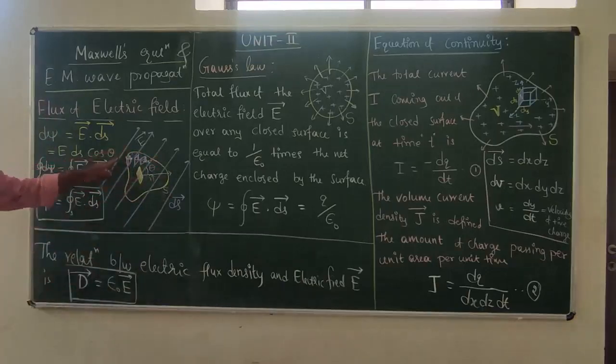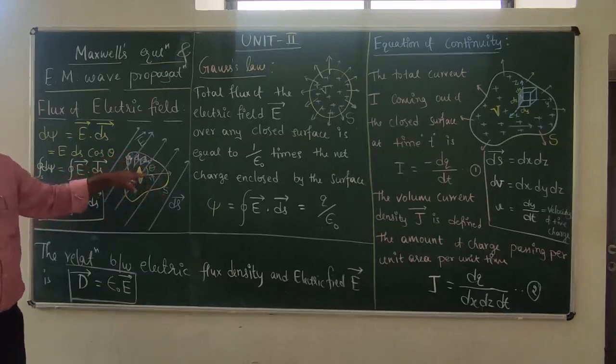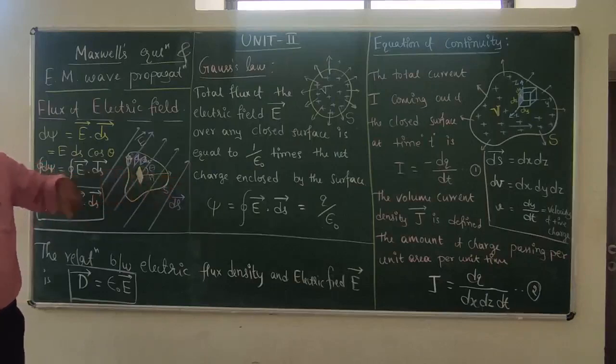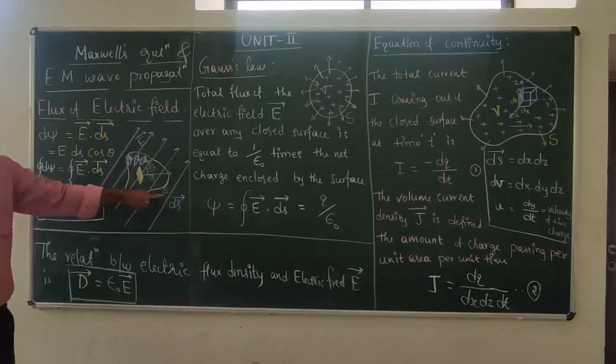Now how do we calculate the electric flux through the entire area S? What is electric flux? It is the number of field lines passing through the perpendicular area. How can we calculate the total number of electric field lines passing through the surface area S?